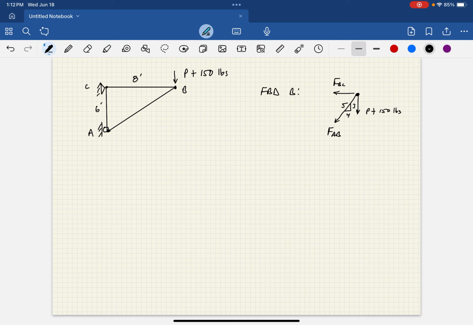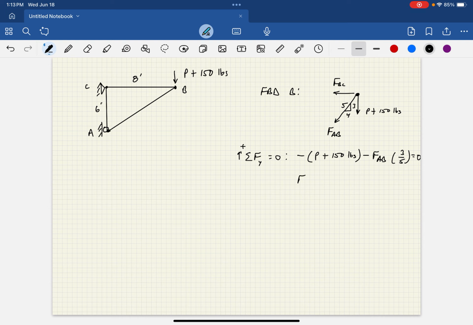And so by method of joints, I can say the sum of the forces in the y direction equals 0. And so I'm going to have minus the quantity P plus 150 pounds, and then minus F_AB times 3/5 equals 0, okay?